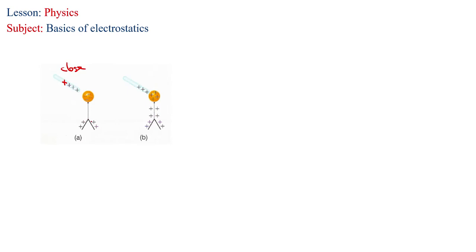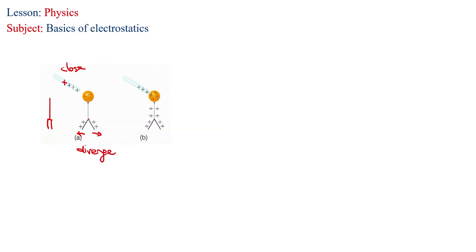Since both of these leaves are positive, they repel each other, you see. So since they repel each other, the leaves indeed, before the charging they were vertical, now they diverge. We call it diverge.